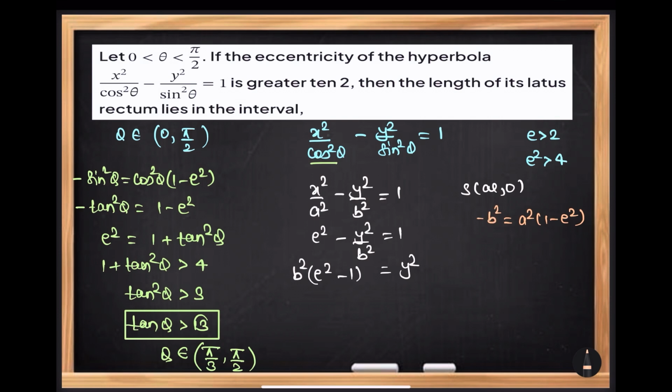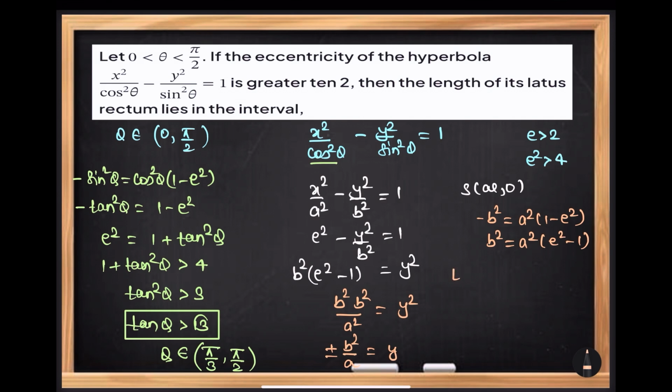Now look at this: b square equals a square (e square minus 1). So e square minus 1 will become b square by a square, equals y square. Now you will take the root, so you will have b square by a, correct? It is plus or minus. So look at this, this is your y coordinate.